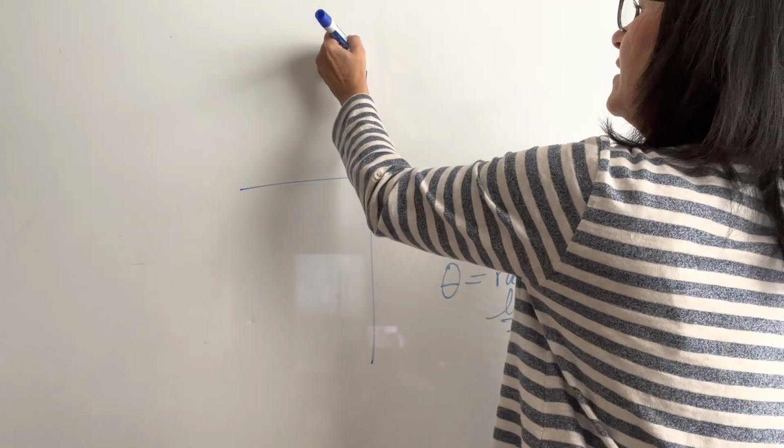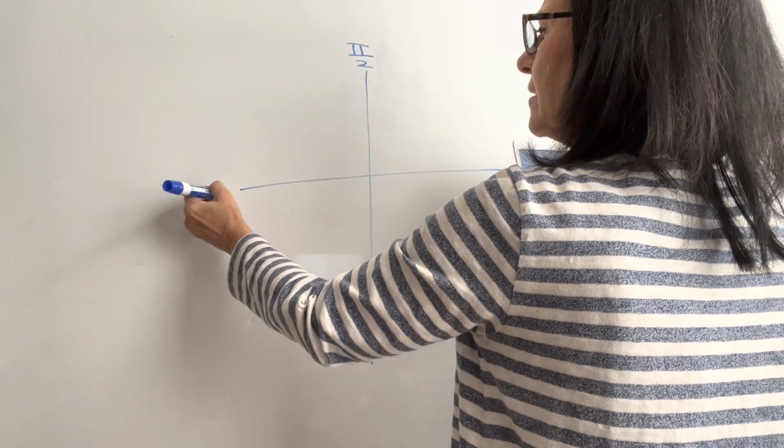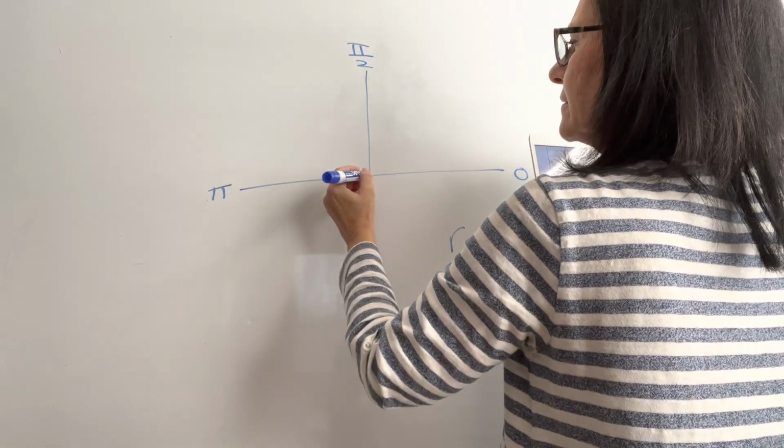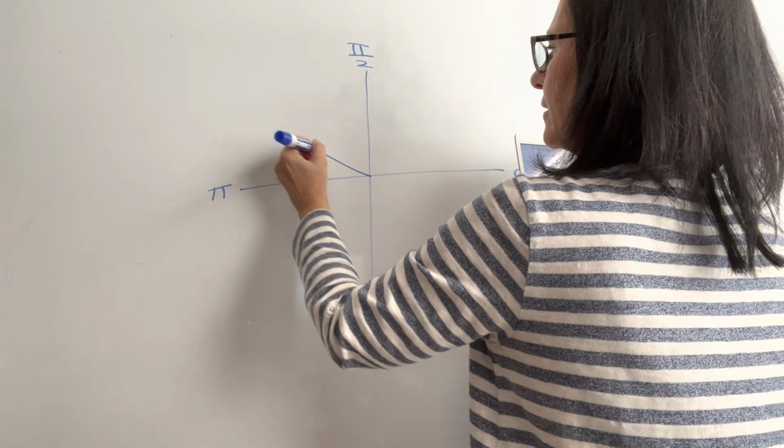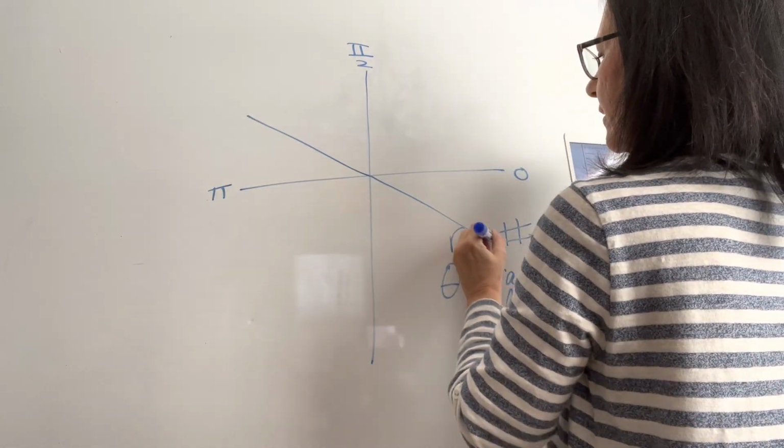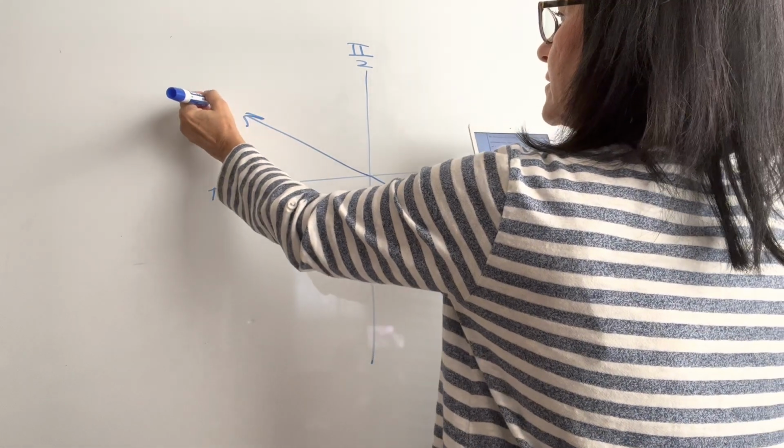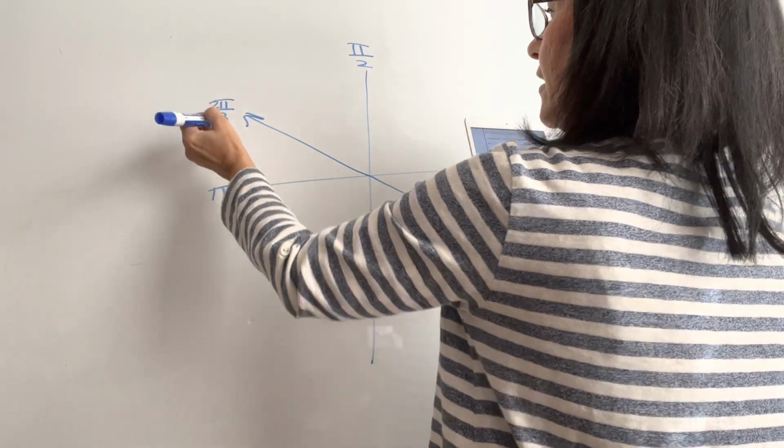Remember, we're 0, pi over 2, pi. It's here. So it's about a third, and this would be at 2 pi over 3.